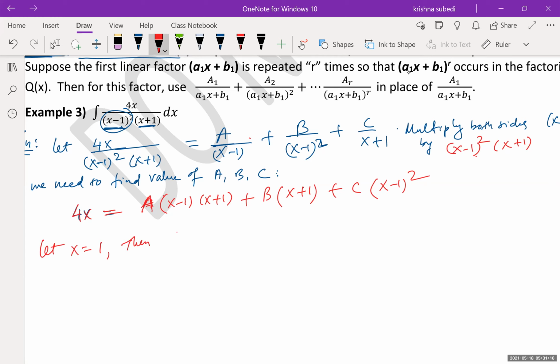On the left hand side, I'll have 4 times 1 equals, this will be a times, okay, the whole part will be 0. And this one will be b times 1 plus 1, plus this guy will be 0. So this gives me the value of b equals 2.